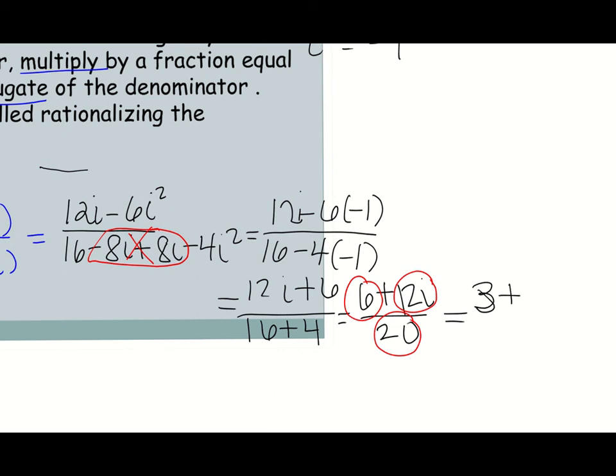If I divide out a 2, I have 6i. And if I divide out a 2, I have 10. Now 3, 6, and 10 have nothing more in common, so this would be my final answer. You can only simplify further and divide out if all 3 of these pieces are able to take a piece out. Otherwise, I'm changing the problem again. So 3 plus 6i divided by 10.